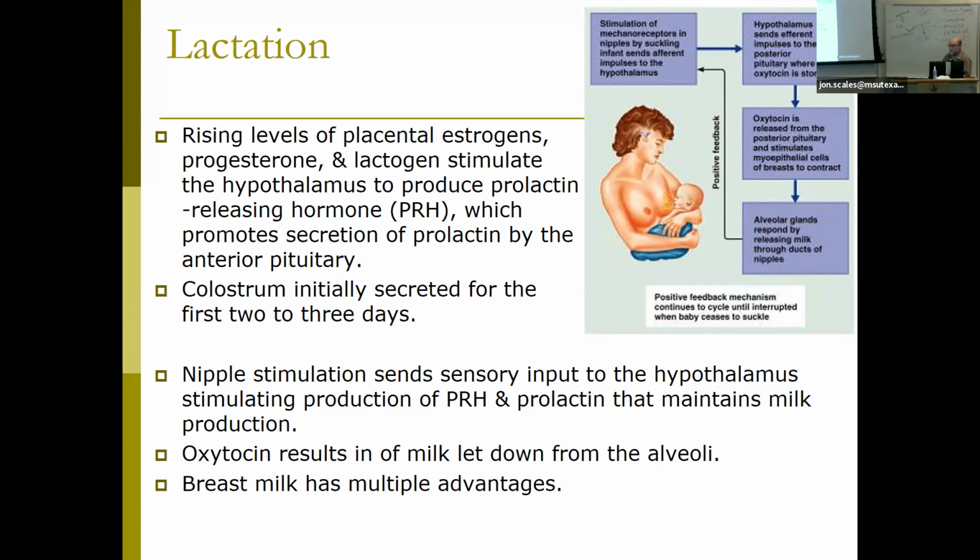Eventually, it starts to make more protein and lipid in the milk, and at that point, it's bona fide milk. It has lactalbumin and casein, which are the two main milk proteins, and lipids. And the advantages that it has is those antibodies that are able to be transmitted from the mother to provide passive immunity to the newborn.